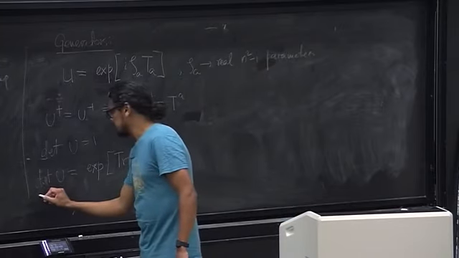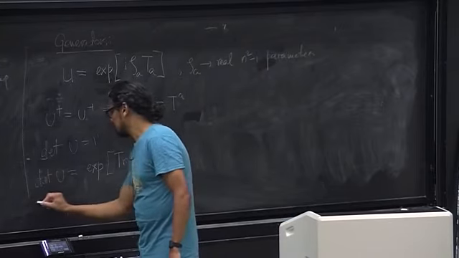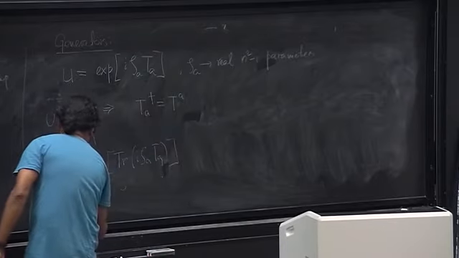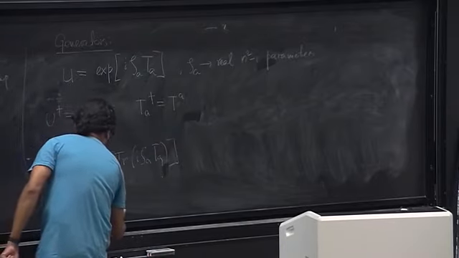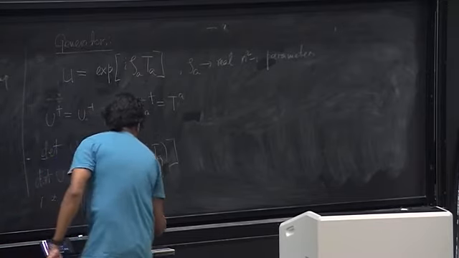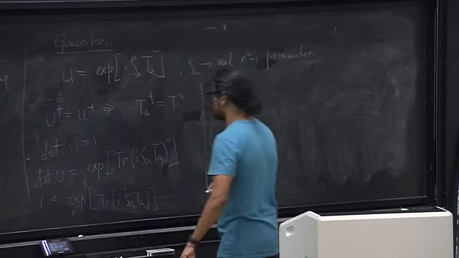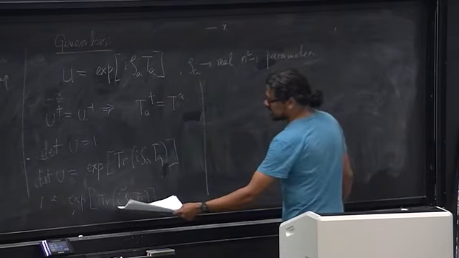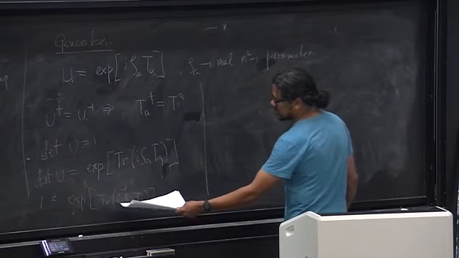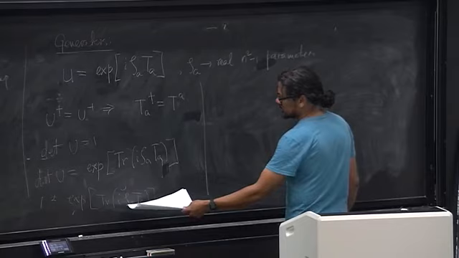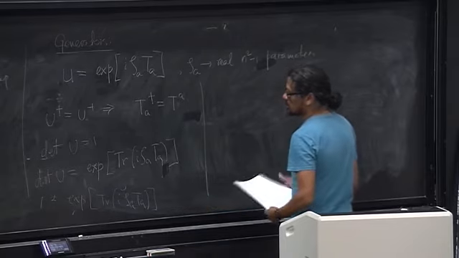So this being equal to 1 means that the trace of the argument of the exponential has to vanish, since the trace is linear, and the zeta a's are arbitrary parameters.